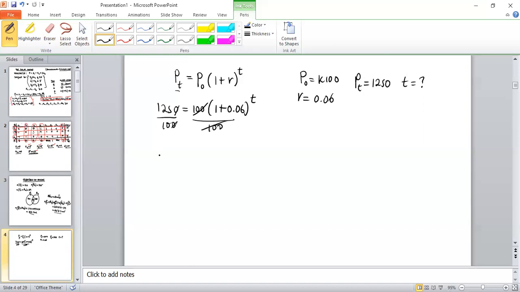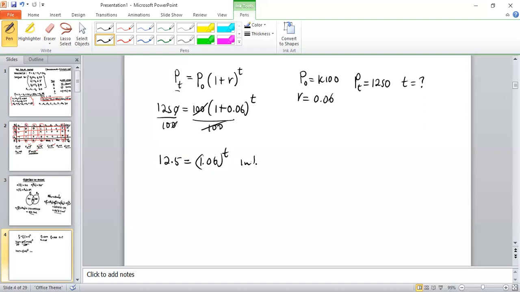Then that will give you 12.5. So we have 12.5 equals 1.06 raised to the power t.